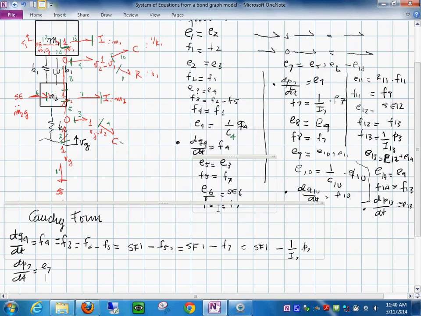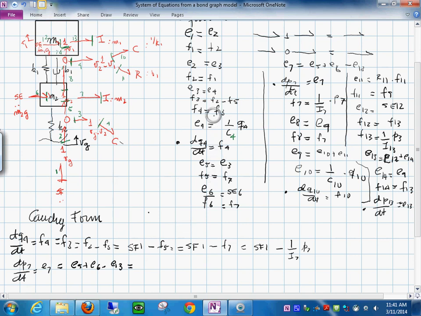So now we have to do dp sub 7 dt, and that is over here. This one is e sub 7, and let's take a look over here. E sub 7 is e5 plus e6 minus e13. So e sub 5, we go over here, we say this is e sub 3.